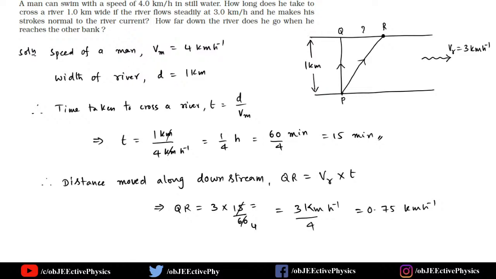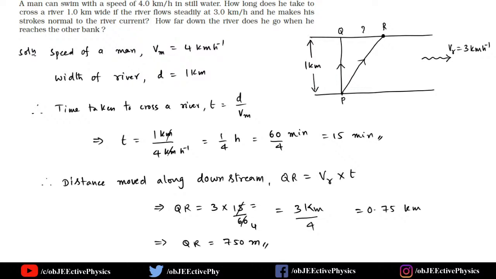But 1 kilometer is equal to 1000 meters, so this can be written as 750 meters. Distance is not kilo per hour; the hour cancels here.